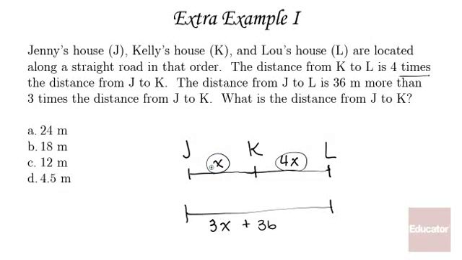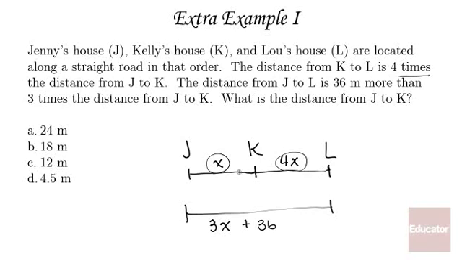The distance from J to L, the whole way, J to L, is 36 more than 3 times the distance from J to K. So if you take 3 times J to K, which is x, and make that 3x and add 36, you should get the whole distance.